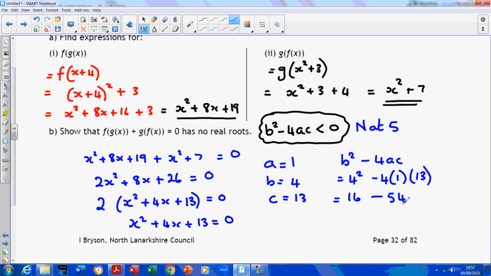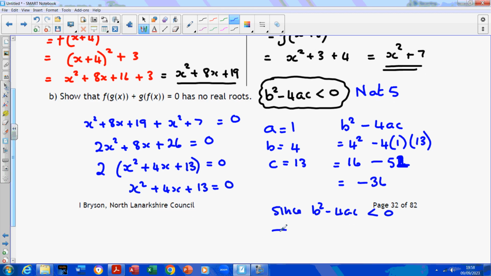And when I do 16 take away 52, it's not 54. I was writing down 54 and I said 52. So it's 16 take away 52. Then that gives me, and it's obviously going to be negative, minus 36. So state your conclusion: since b squared minus 4ac is less than 0, there are no real roots.